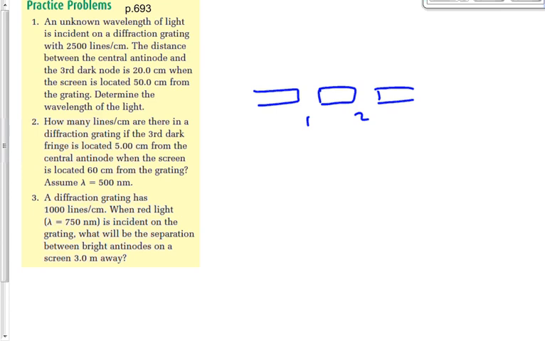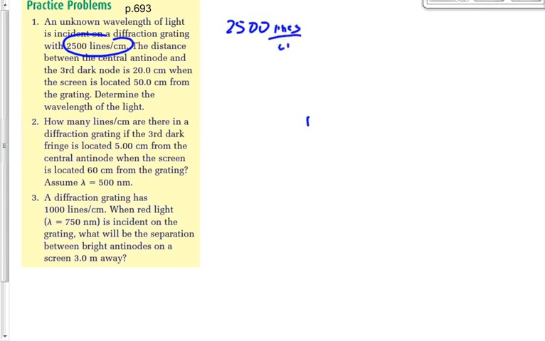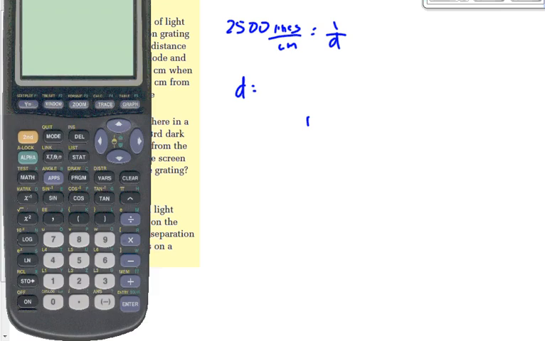In the end, this many openings per centimeter is the inverse of the distance between the slits. So if we have 2,500 lines per centimeter, we don't have D, but we do have 1 over D. So all we have to do is flip that over to get the value of D. 2,500 to the minus 1, 4.0 times 10 to the minus 4.